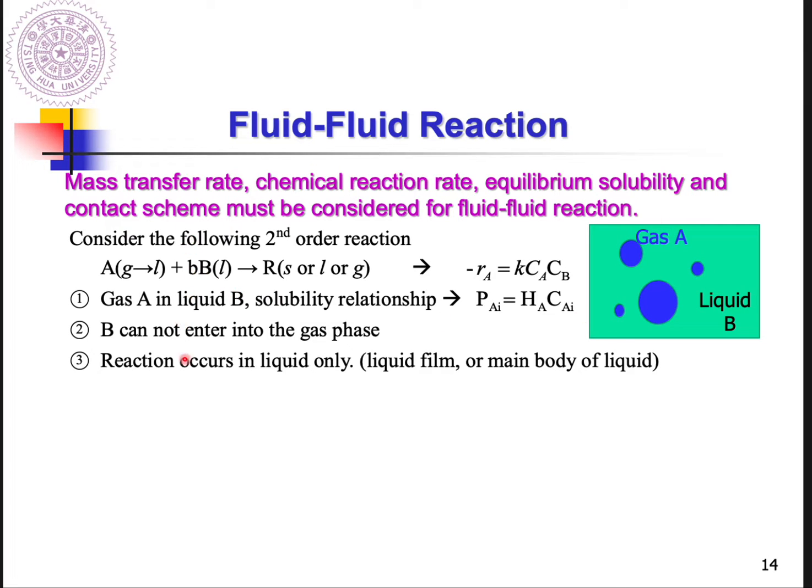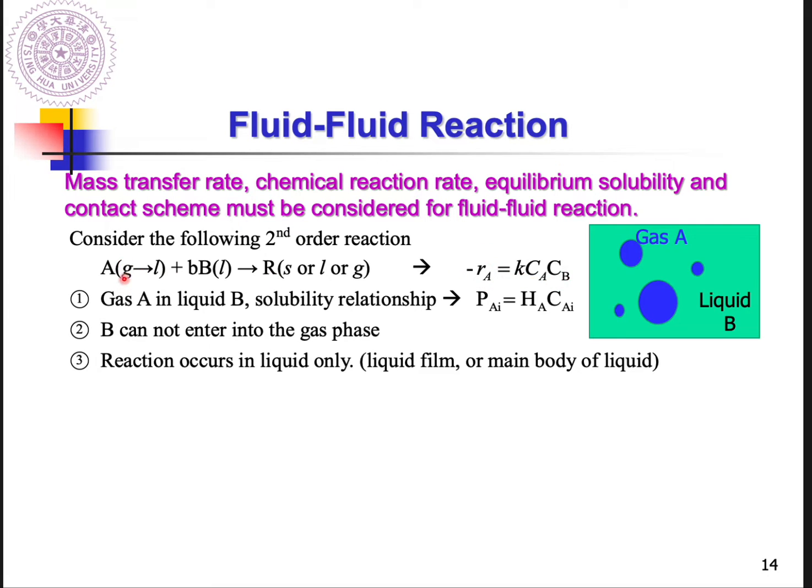Next are some assumptions for this kind of fluid-fluid reaction. We consider the following second order reaction: gas A reacts with liquid B, and then we will have product R. In this case, we assume it is a second order reaction, so the consumption rate of reactant A equals k CA CB.